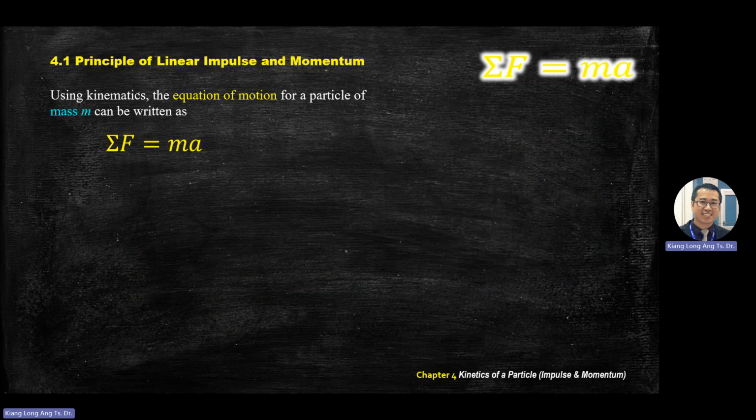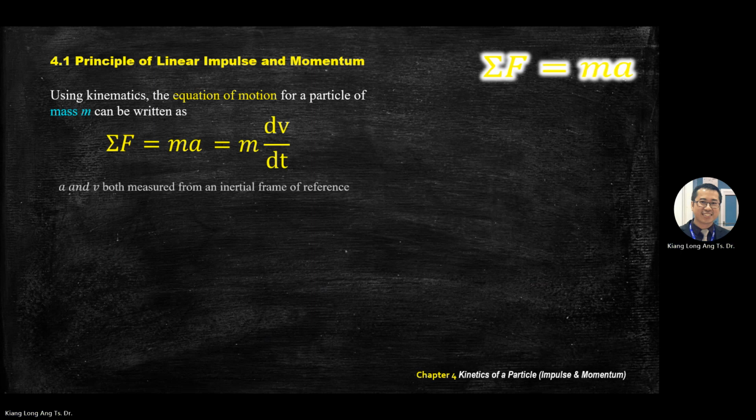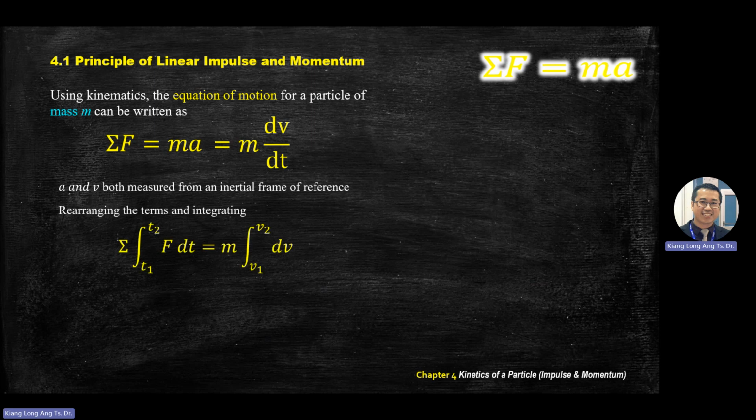So we start with F equal to ma again. a equal to dv dt. So F equal to ma equal to m dv dt. If you move your dt to the left-hand side, you integrate F dt equal to integrate m dv.